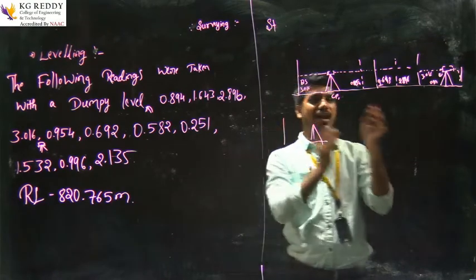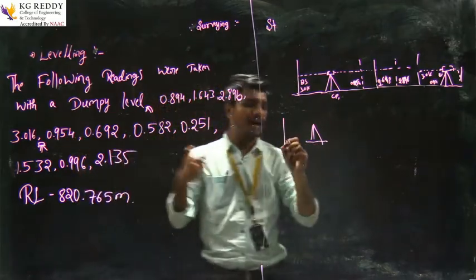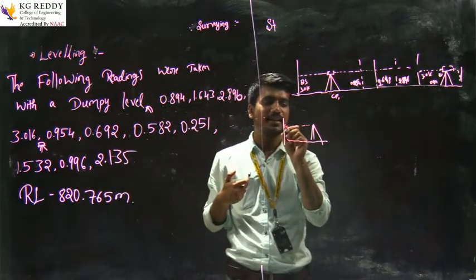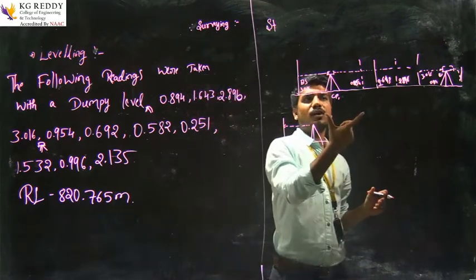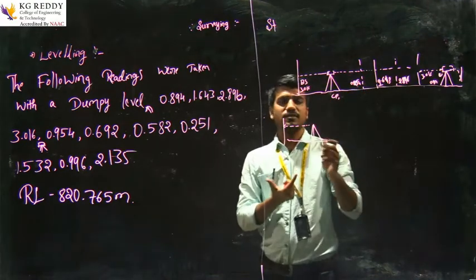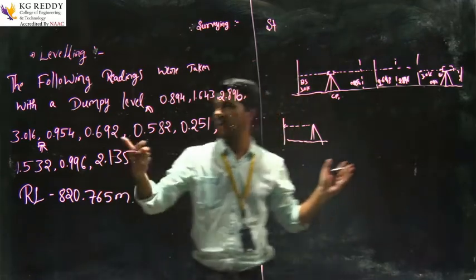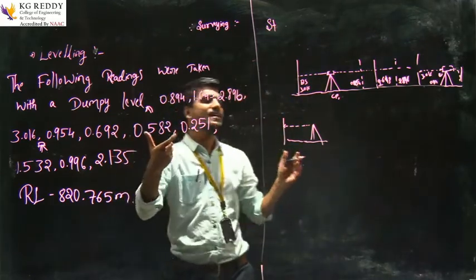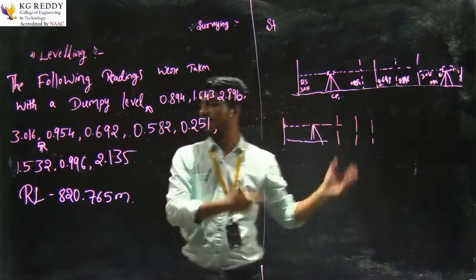The last reading is connected as the first point of the back side, because the last point of the first station is the reference point of your second station. So the second station will be used for all the remaining points, ending with the last foresight.